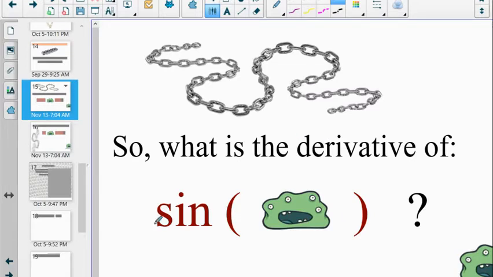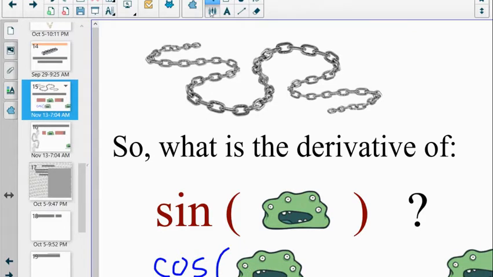If I've got the derivative of sine of slime, you guys know that the derivative of sine of slime is cosine of slime. That's old news.